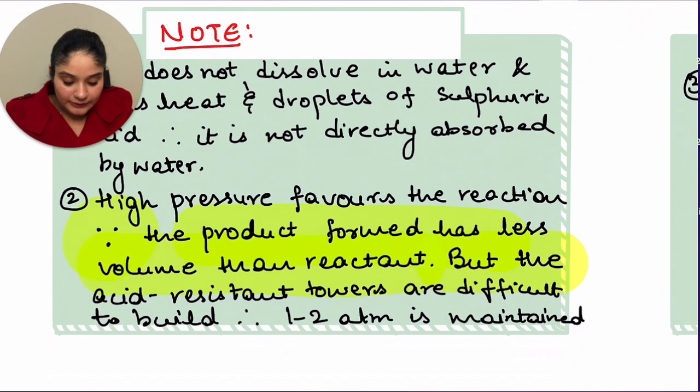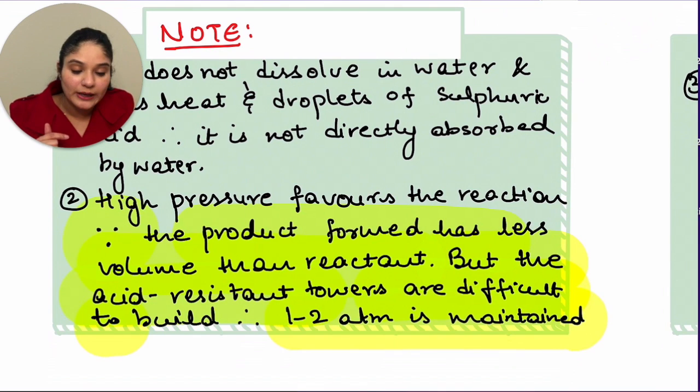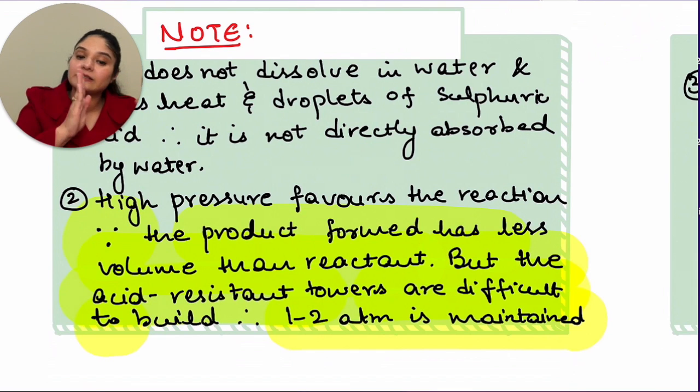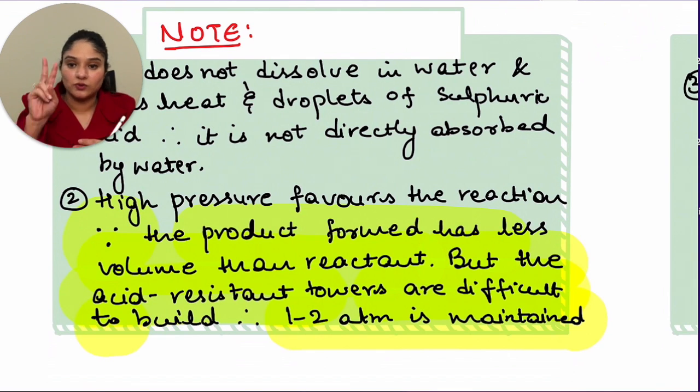But acid resistant towers are difficult to build. Therefore, we maintain the pressure at 1 to 2 atm. Okay students, I hope that makes sense. So high pressure is favoring it, but acid resistant towers are difficult to build. So two important key points that you have to keep in mind.